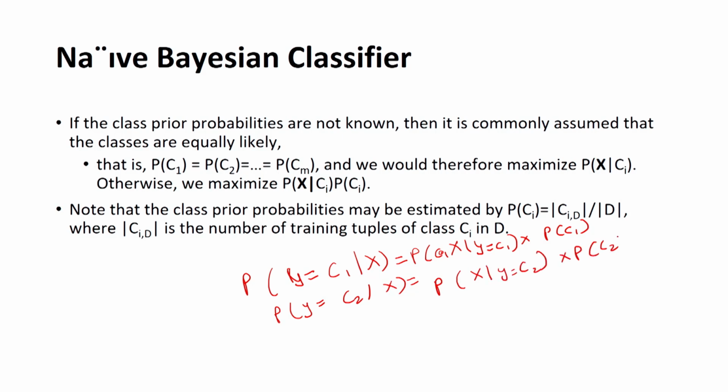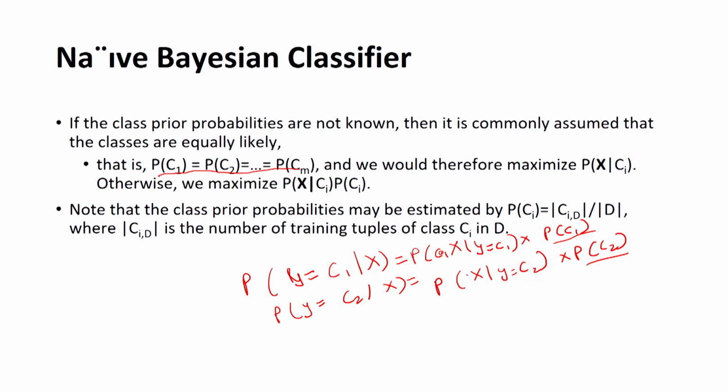Sometimes we assume that for each class, the probability of an instance belonging to any class is the same. So, we are assuming probability of C1 is equal to probability of C2 is equal to up to probability of Cm, where m classes are there.